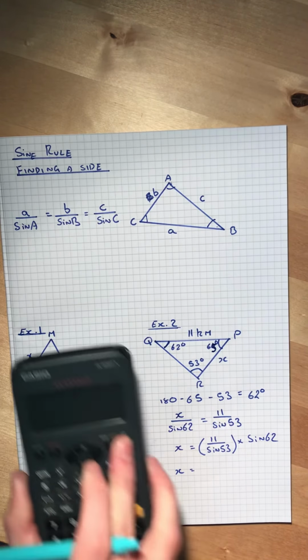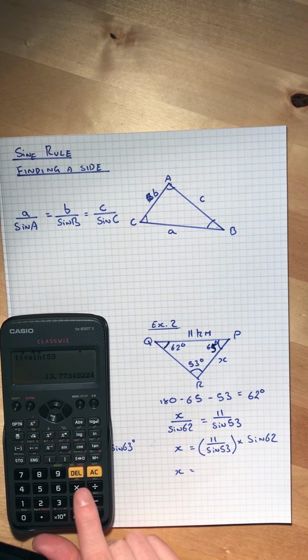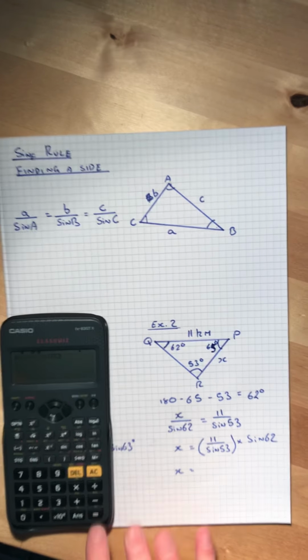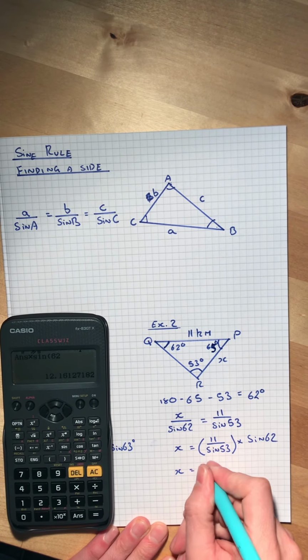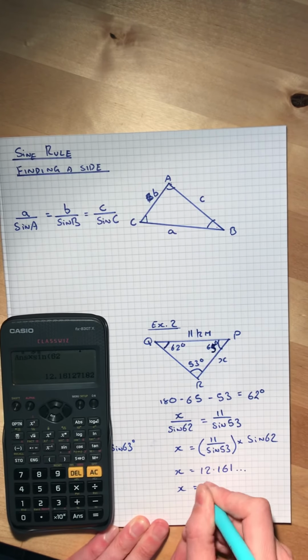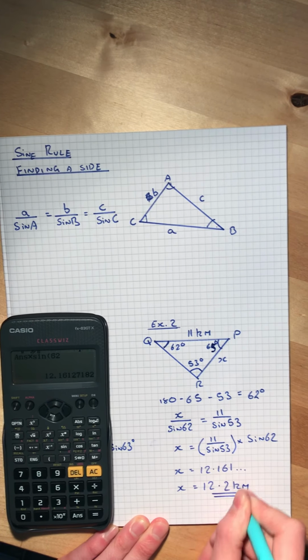Get a calculator. 11 divided by sine 53. Press equals, saves the answer, and times that straight away by sine 62. Which is going to give us 12.161, which rounded to one decimal place is 12.2 kilometers.